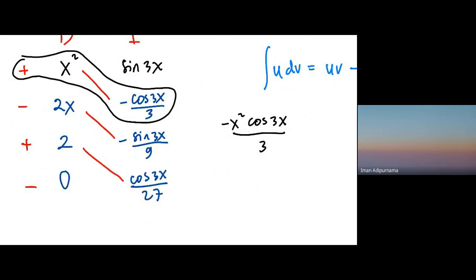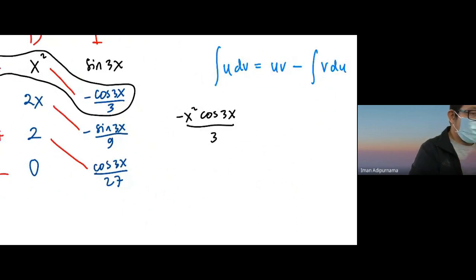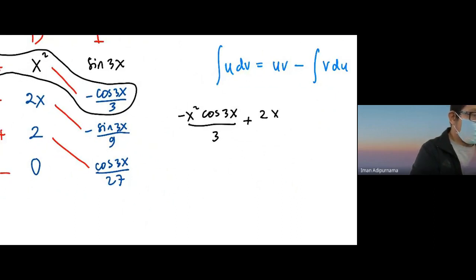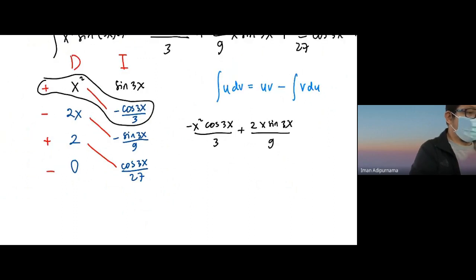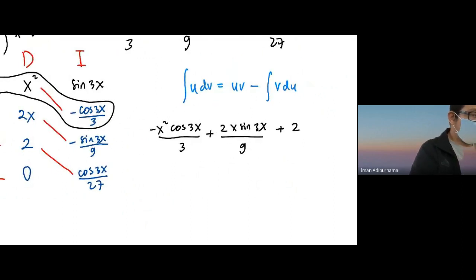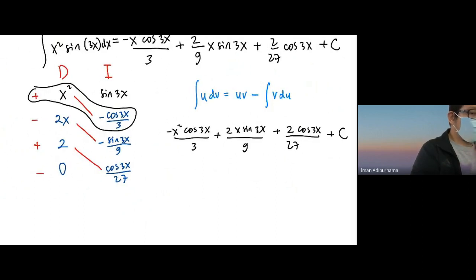And the second one, negative and negative become plus, so plus 2x sine 3x divided by 9. And then later on, plus 2 over 27 cos 3x, and then don't forget plus c. And then the same answer.